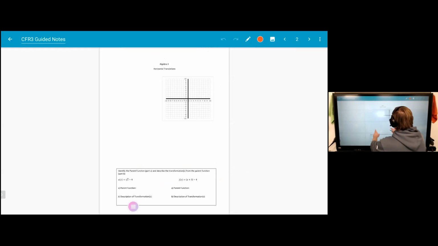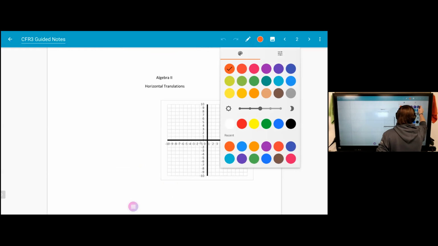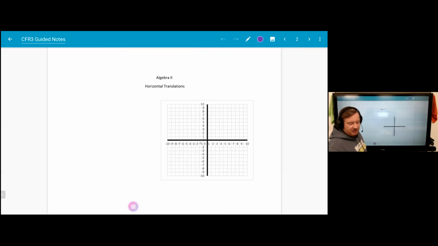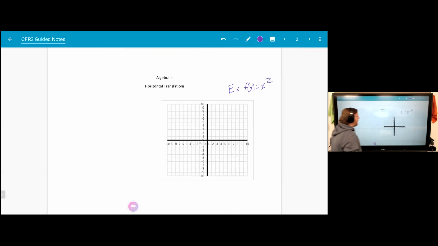We're going to take this purple parent function. I'm going to stick with x squared for now, so my example is still going to be f of x equals x squared. But in a more general sense, we've got this parent function, f of x.